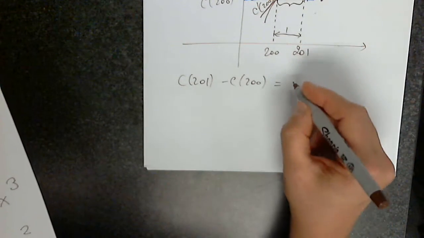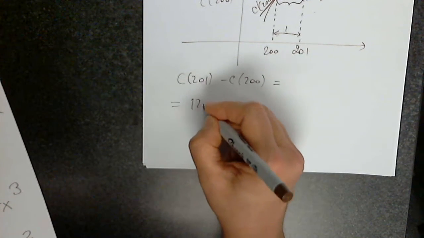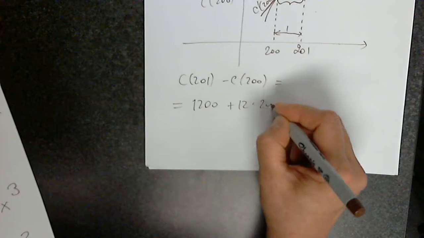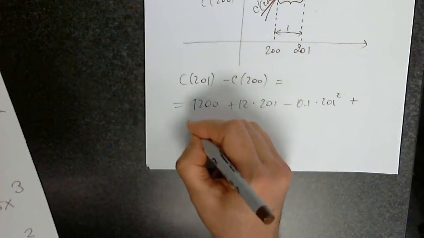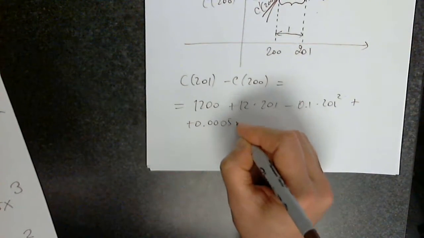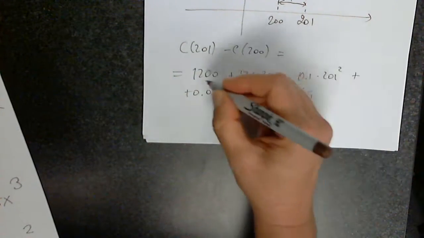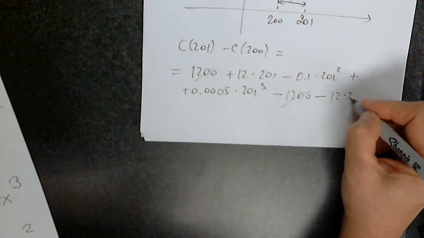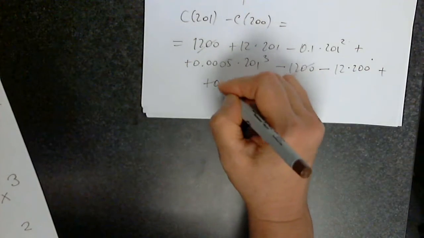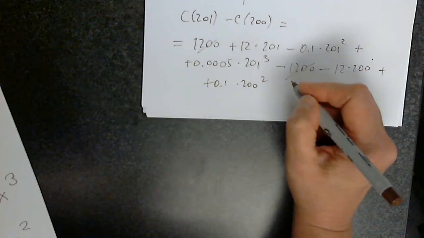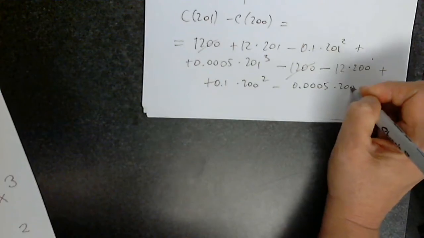So I have 1200 plus 12 times 201 minus 0.1 times 201 squared plus 0.0005 times 201 cubed, and then minus 1200 minus 12 times 200 plus 0.1 times 200 squared and minus 0.0005 times 200 cubed.